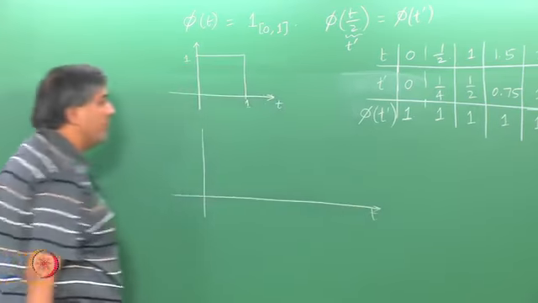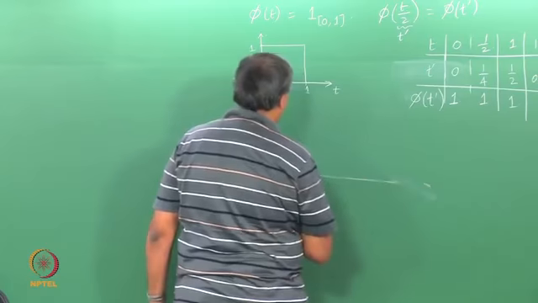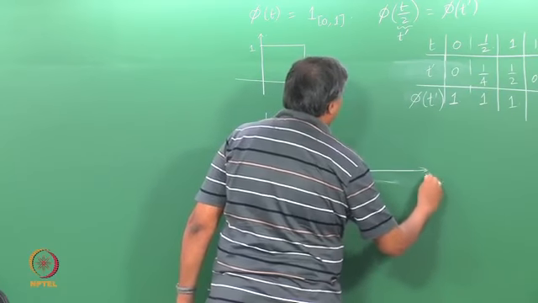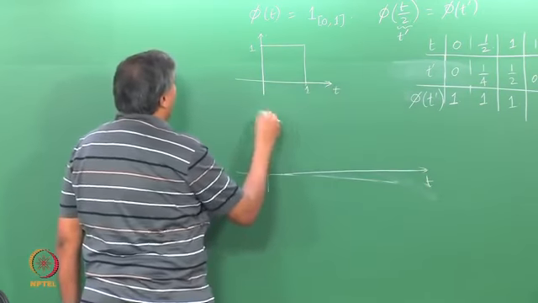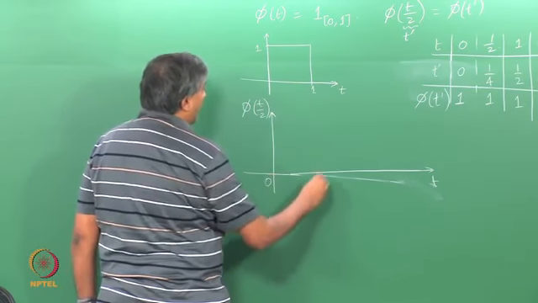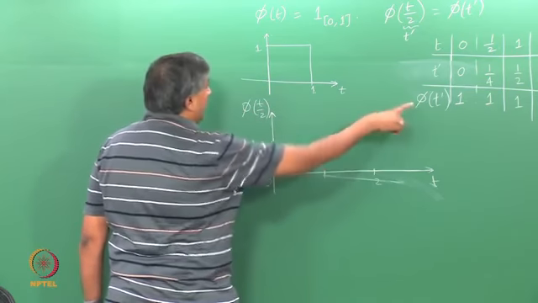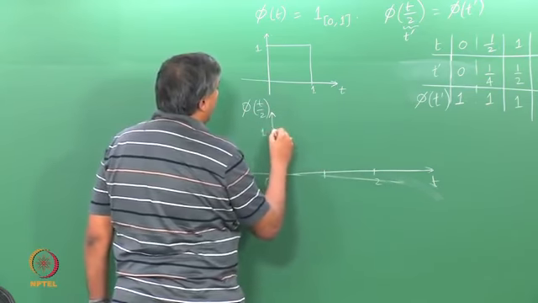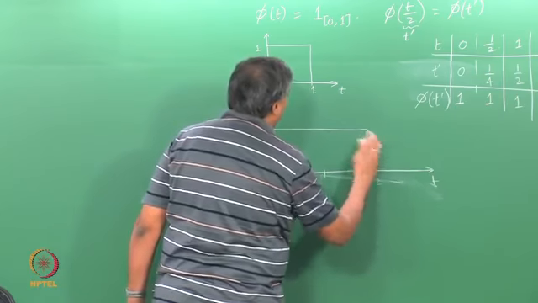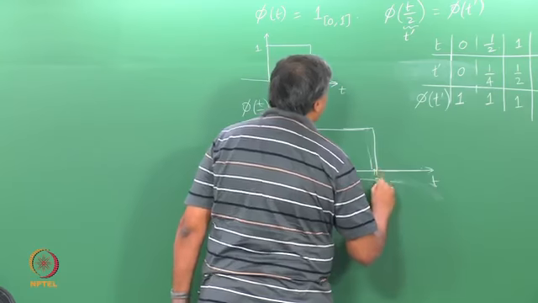The x axis is still t, but y axis is phi of t by 2 and I have 0, 1 and then here 2. This table here tells me that phi of t by 2 is now a dilated version and goes to 0 after this.